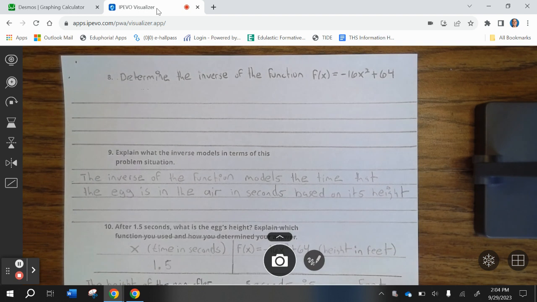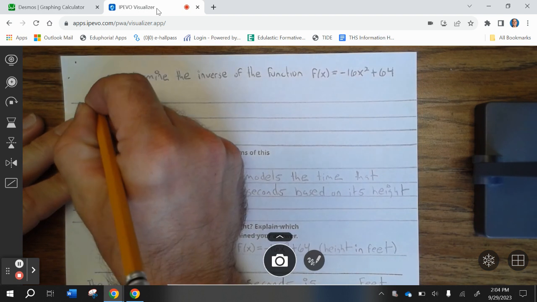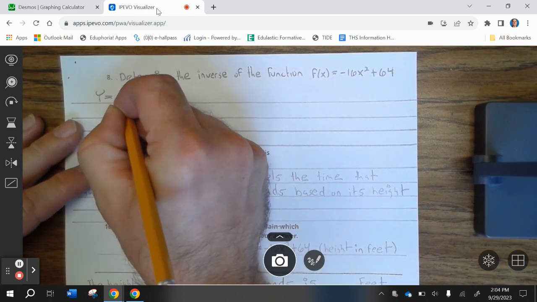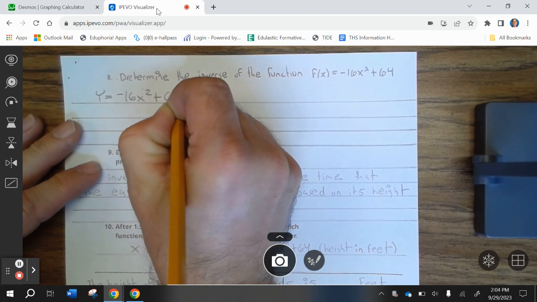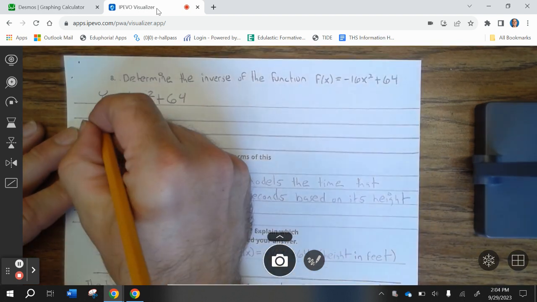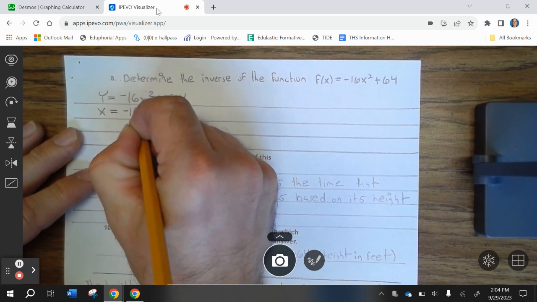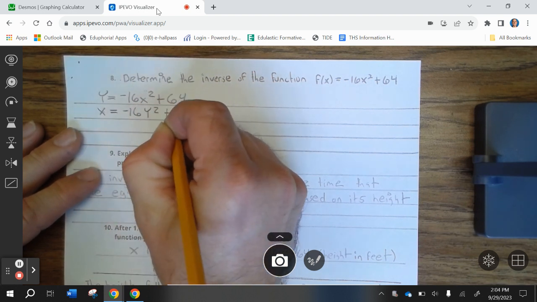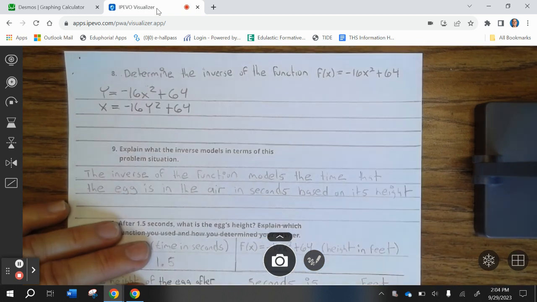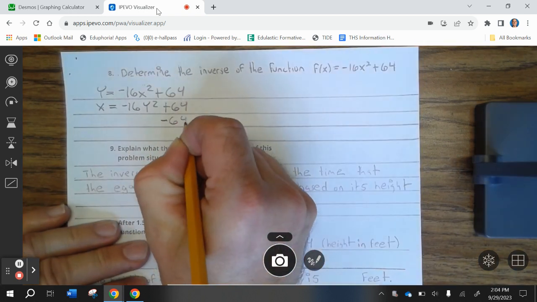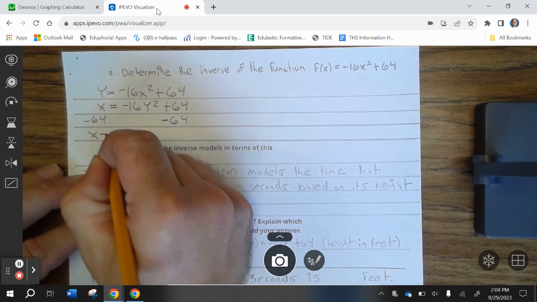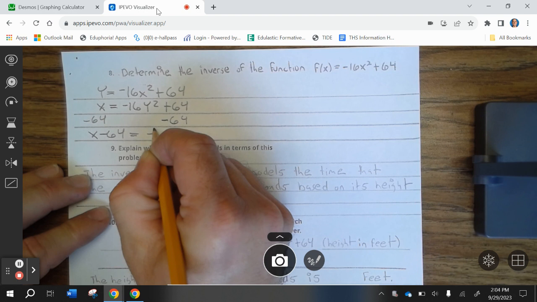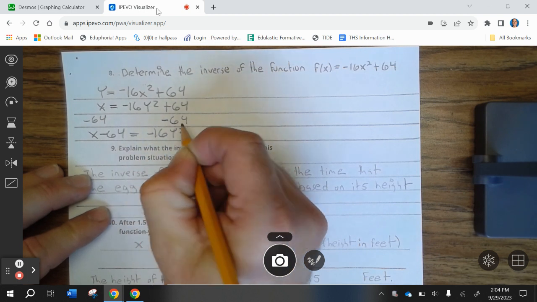Determine the inverse of the function f of x equals negative 16x squared plus 64. So step 1, we change f of x to y. Step 2, we switch x and y. And step 3, we solve. So we're going to subtract 64 from both sides. Get x minus 64 equals negative 16 y squared.